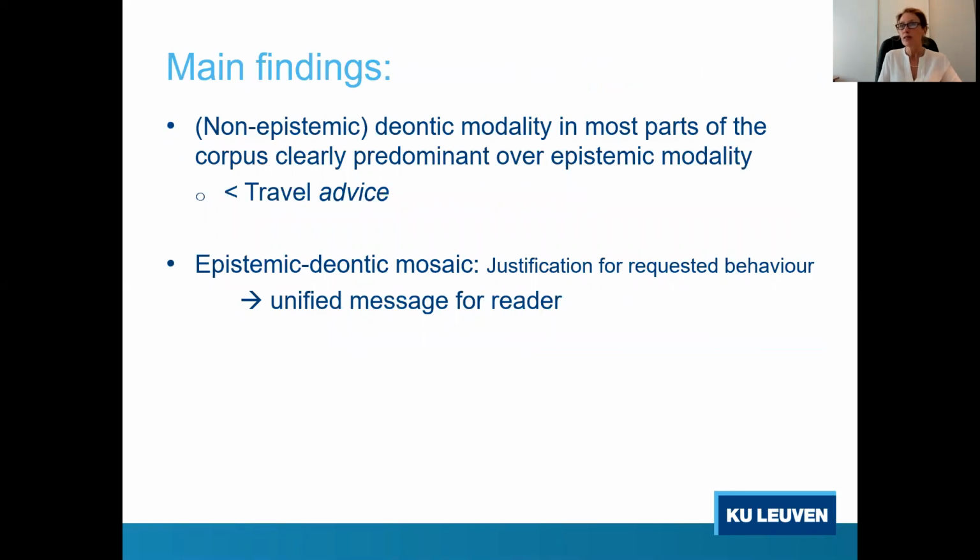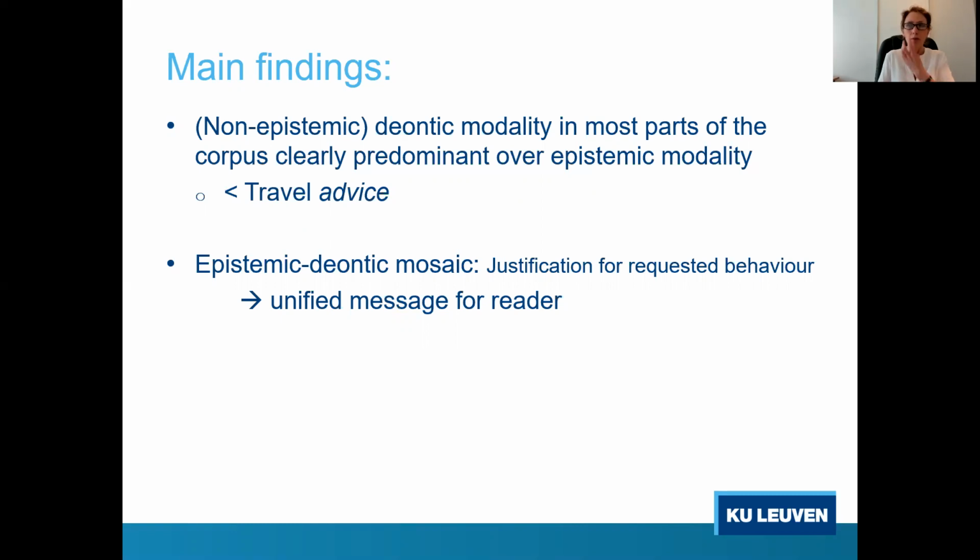So the main findings here were, of course, that there were mainly deontic modal expressions, much more so than epistemic modal expressions, but that is logical, of course, because this is the text type of travel advice, as opposed to the text type of news reporting.